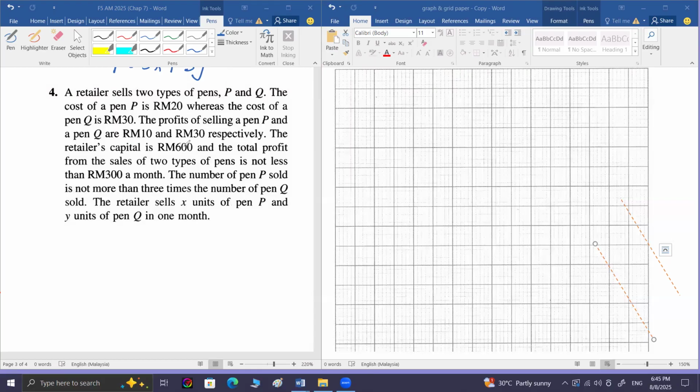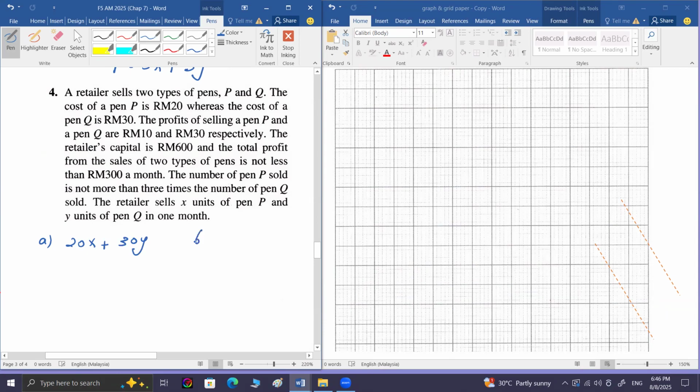Okay, we start the first one. Capital of 600, modal, the capital that you have is 600. Okay, so we see cost for P is 20x, Q 30, 30y.